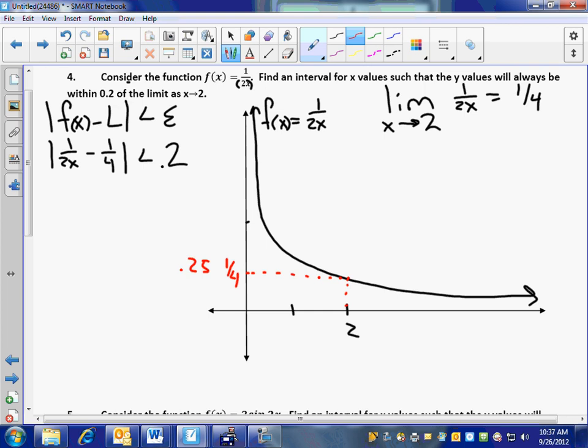I have a boundary of 0.2. 0.45. The epsilon value is 0.2. So a distance of 0.2 from that spot. Right there. Okay. Everybody's got it. Now, what would be the lowest boundary I could have? 0.05.